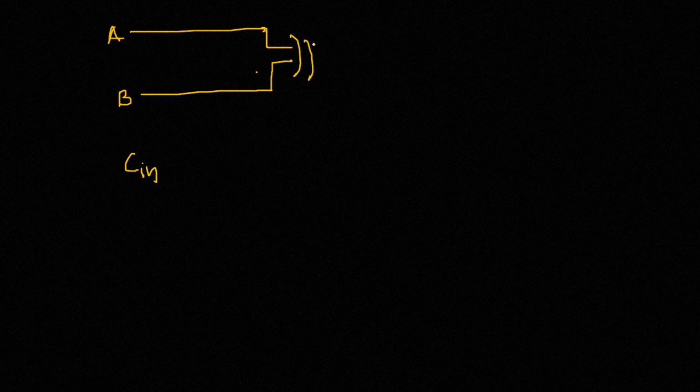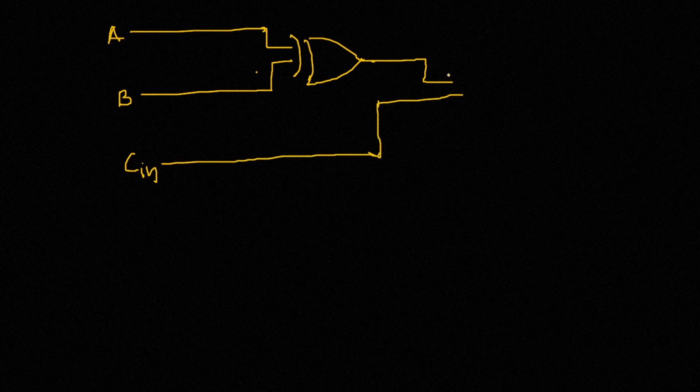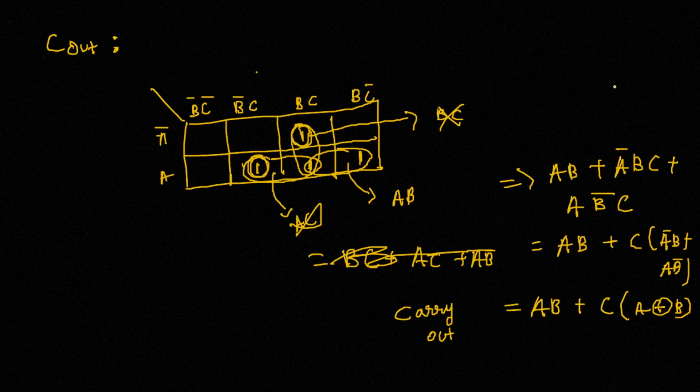So now if you have to express it using gates, we know that sum is A XOR B XOR C. So we take all three of them, and A and B are first taken through an XOR, and their output is taken in XOR with C. And this gives us the sum of a full adder.